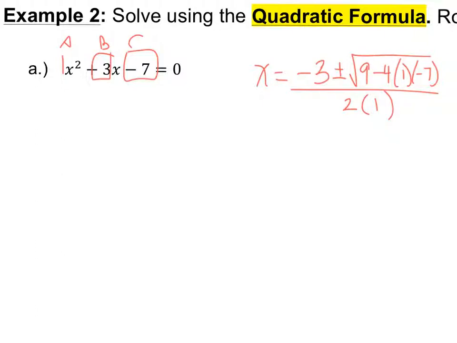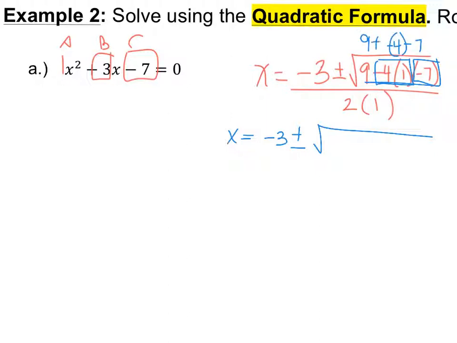Continuing the order of operations, I work with what's inside the parentheses, which is basically like the square root. So x is equal to negative 3 plus and then minus the square root of negative 4 times 1, which is negative 4, times negative 7, which is positive 28.